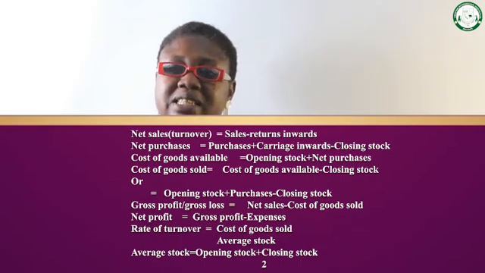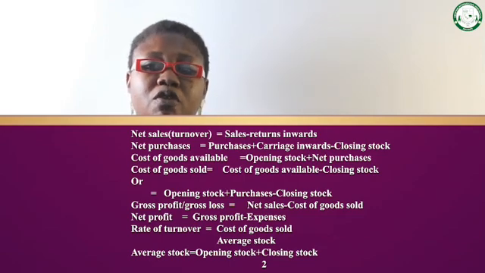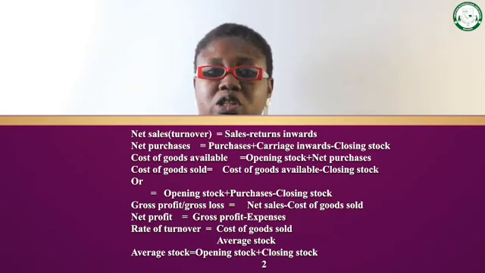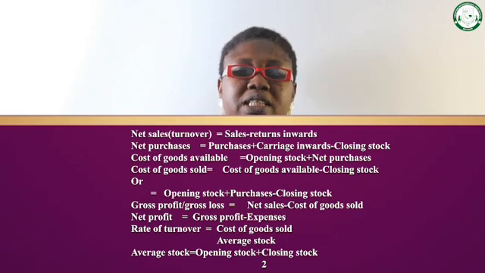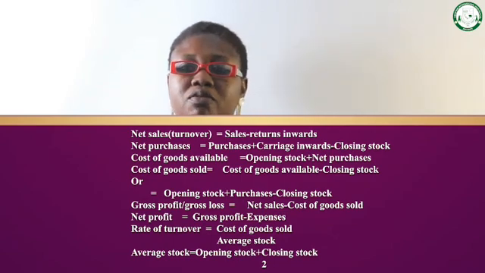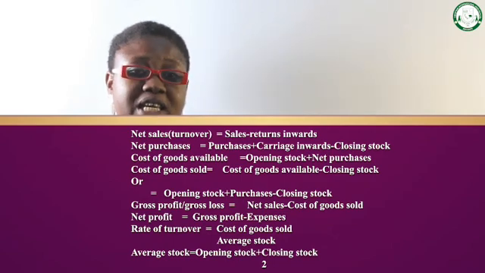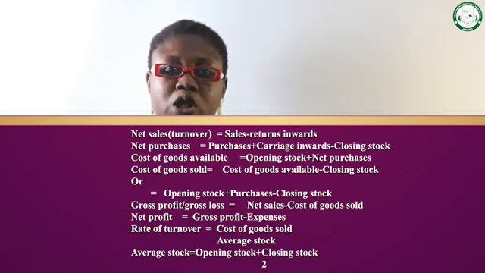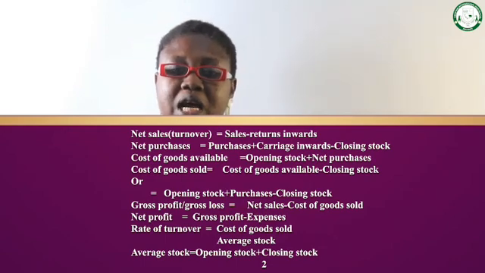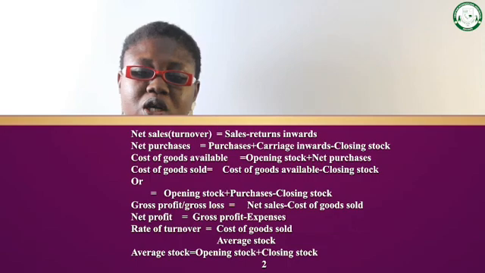And then the next calculation is cost of goods sold. The calculation for cost of goods sold is opening stock plus purchases less closing stock.